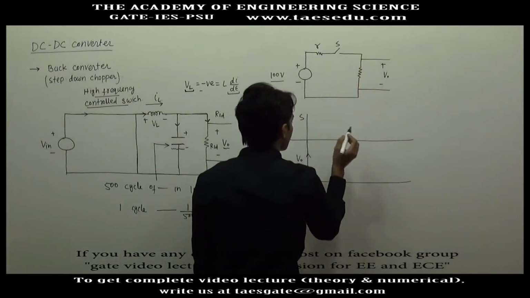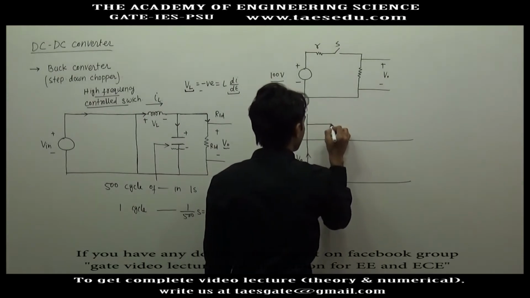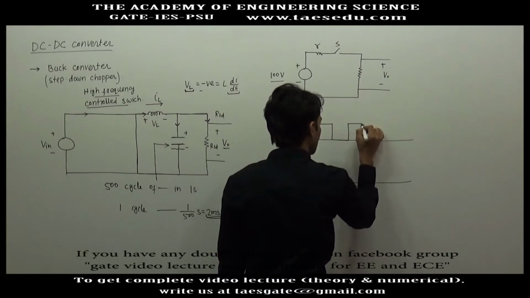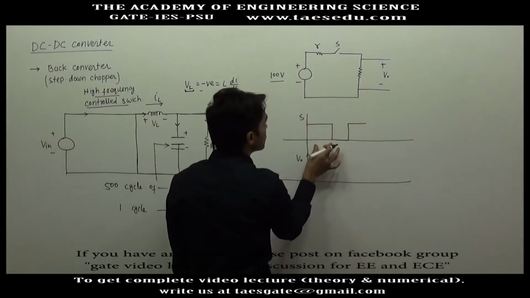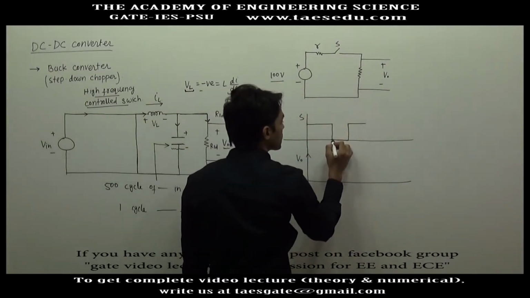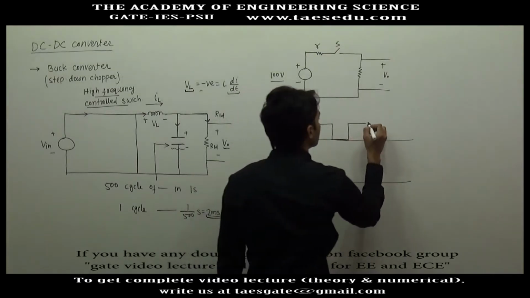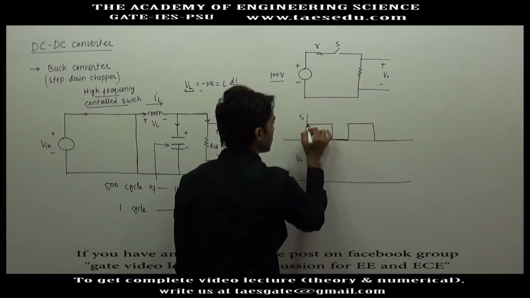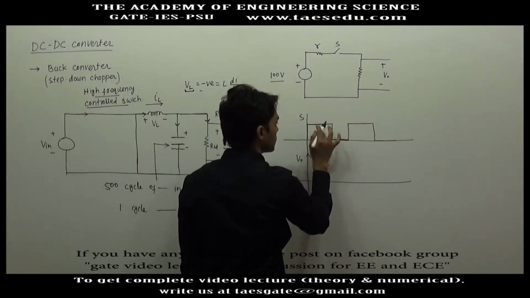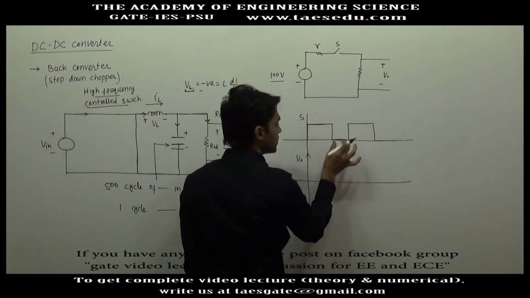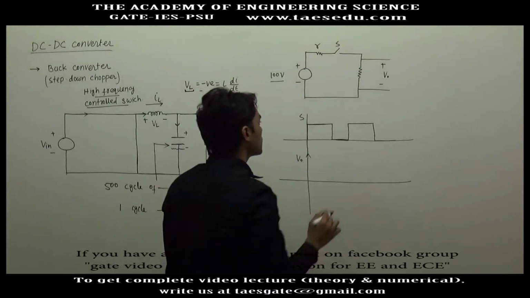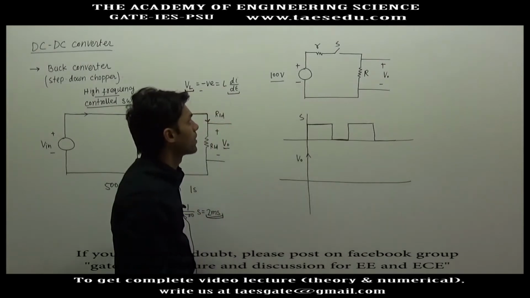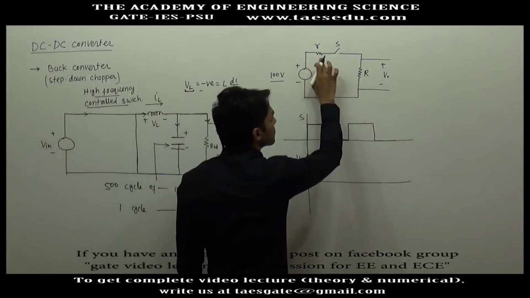The switching operation is given as this. It means for this much time the switch is on, it is connected, and for the rest of the time it is off. Whenever I show a height, this will be on, and when there is no height, it is off. Here you have a resistance across which you are taking output, and this is a very small resistance.